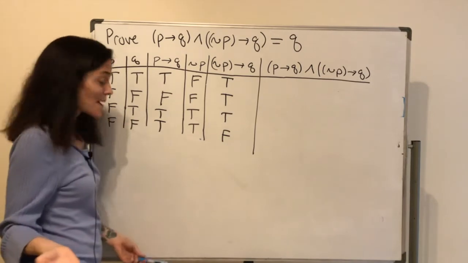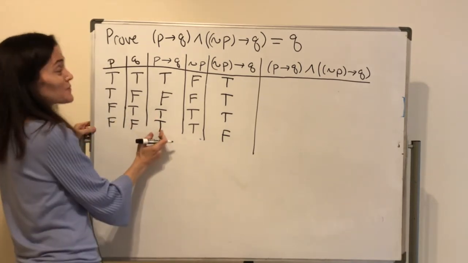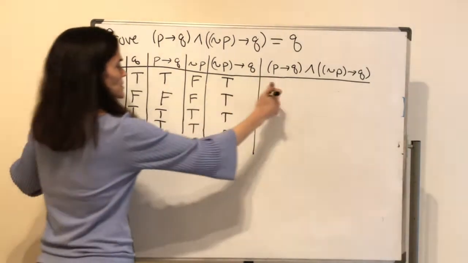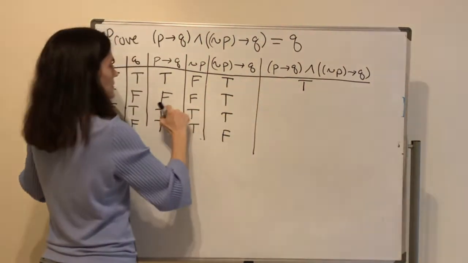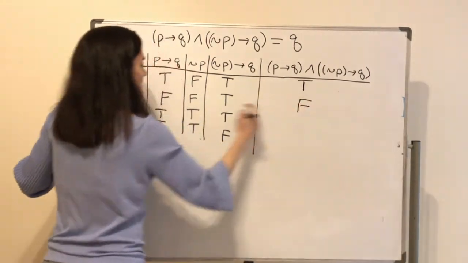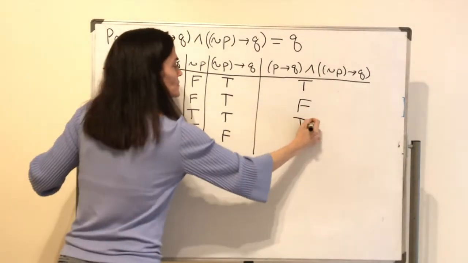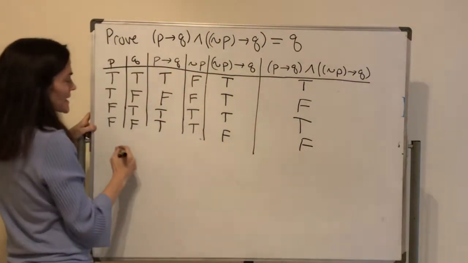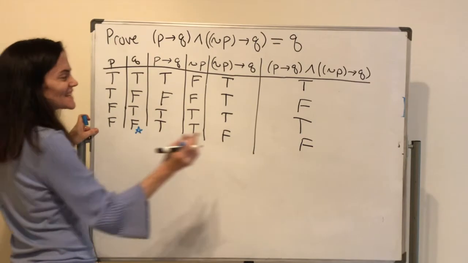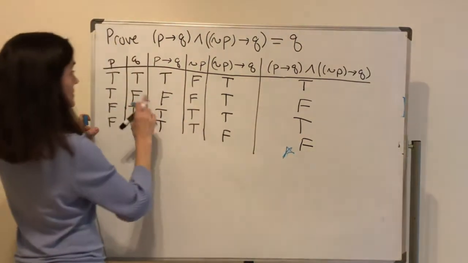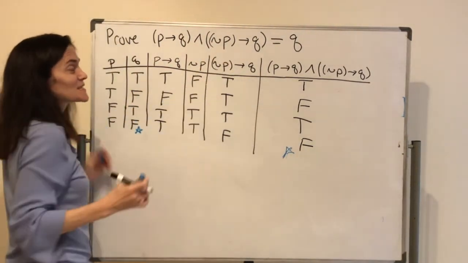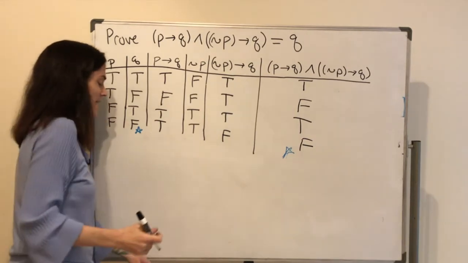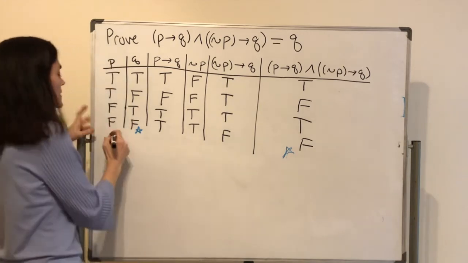The final step is we take column 3, column 5, and we take an and. So it's true here, false. We have 2 trues, so this will be true, and TF, we will have a false. Here we go. Column 2, this is Q. Column 6, this is this expression. You see, both go TF, TF. So we are finished. We just have to make that remark.